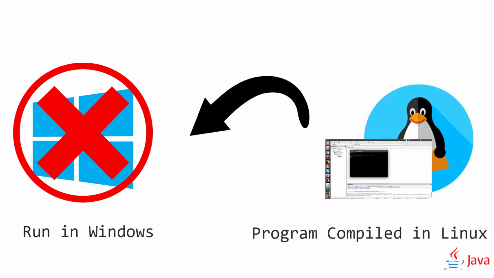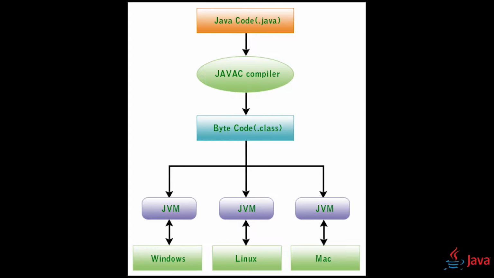Again, if you run that same code in Linux, it's going to run only on Linux. If you copy the compiled program from Linux to Windows or Windows to Linux, it is not going to run. On the other hand, in case of Java, you can run Java code across all platforms. That's why we call it a cross-platform language.